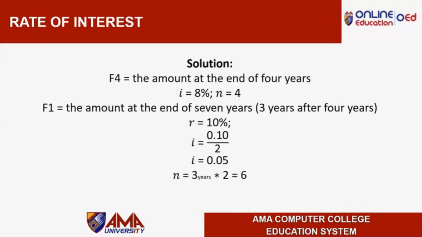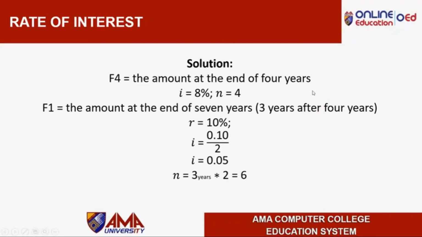Okay, our solution. So F4 is the amount at the end of 4 years. Our interest for 4 years is fixed 8%, and then N is equal to 4 for 4 years. Now F1, the amount at the end of 7 years, from the 4th year to the 7th year, which is 3 years after the 4 years.